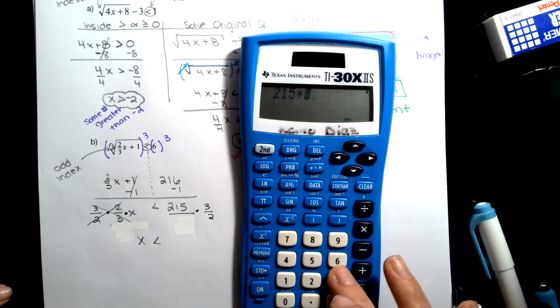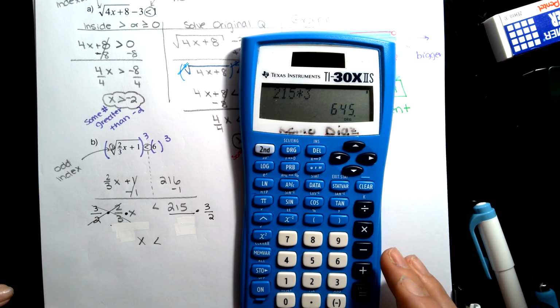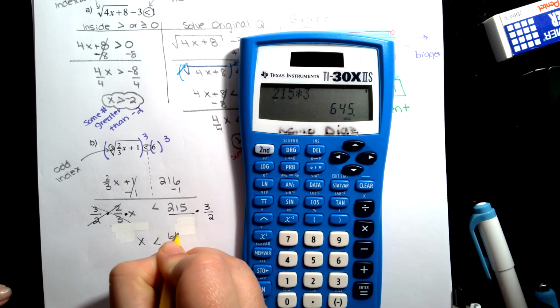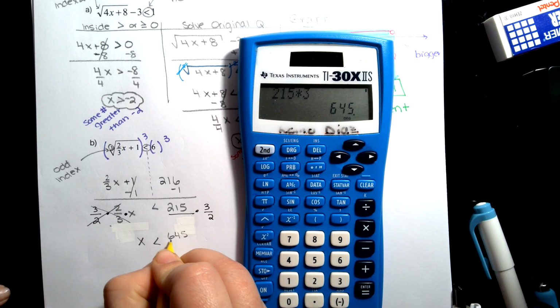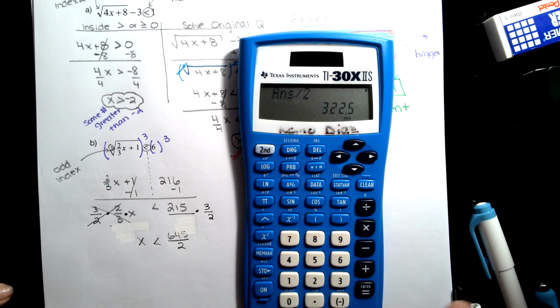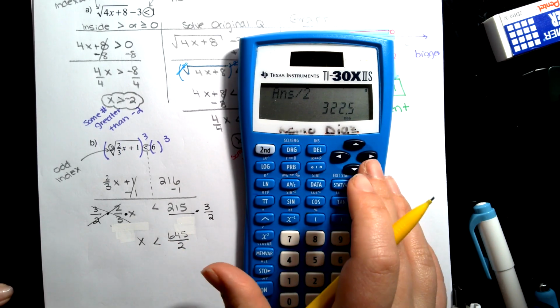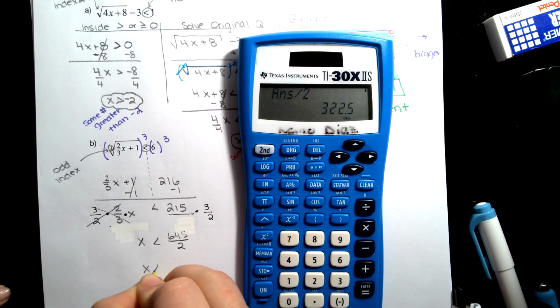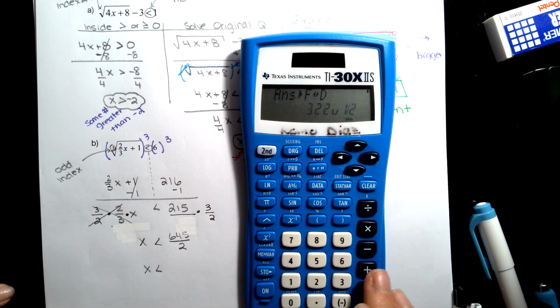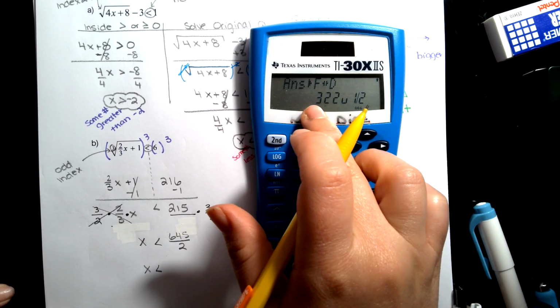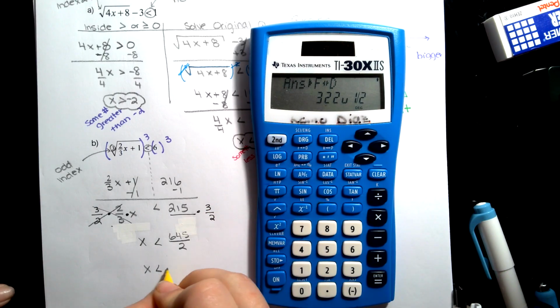We got 215 times 3, which is 645, divided by 2. And that's probably where the issue is. This is 5 and that's 2. And so we have a fraction. Yeah, and this doesn't simplify. I'm just checking.